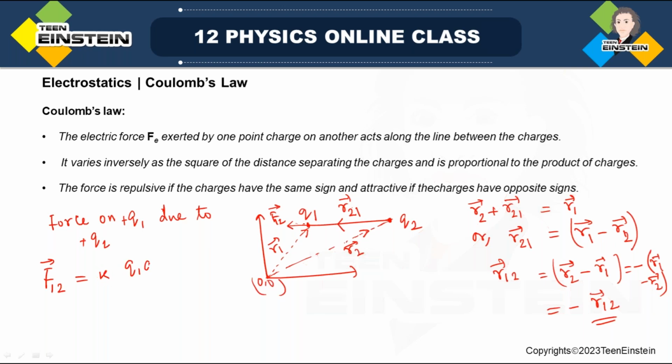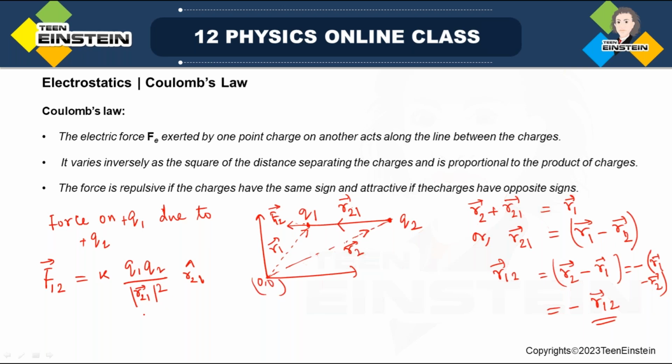So Q1 Q2 by, now the distance between these two is R21. If I want to write in terms of square, then let us take this as mod. But what is the direction? The direction is R21 unit vector I should write.